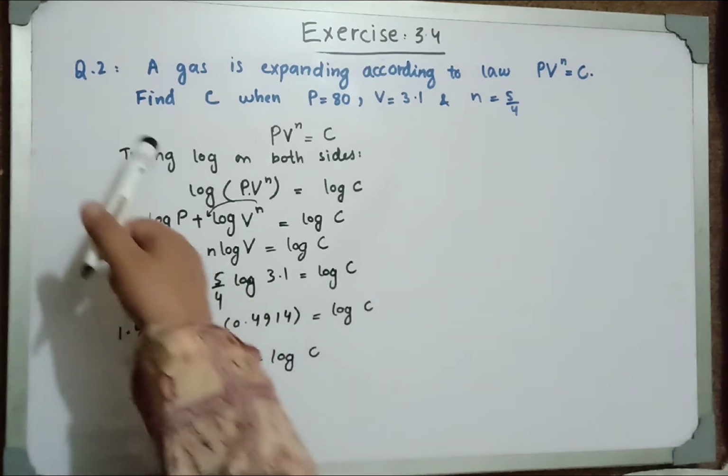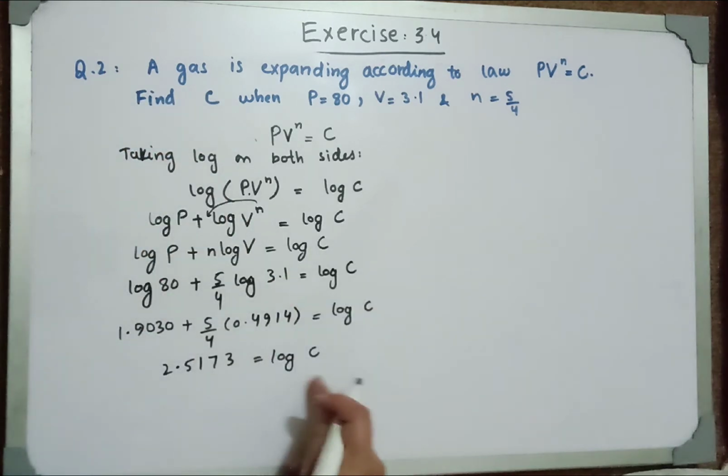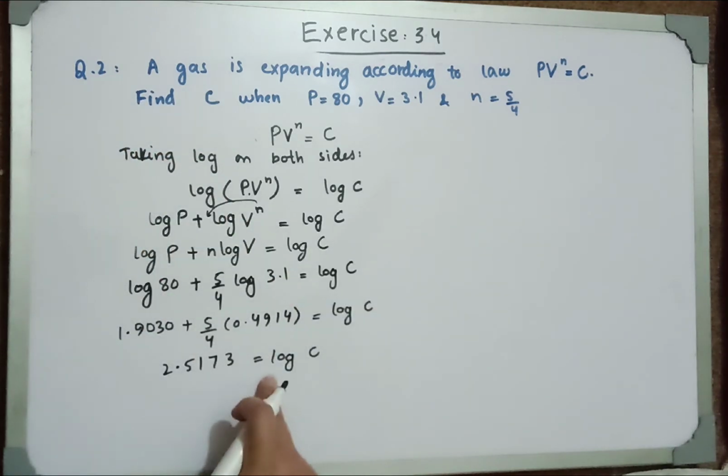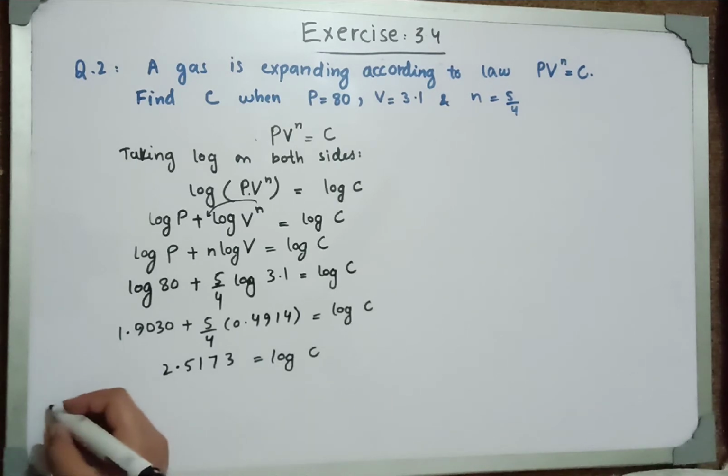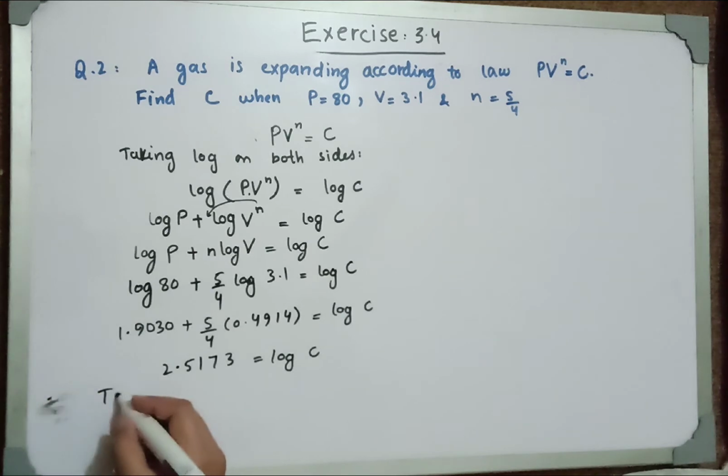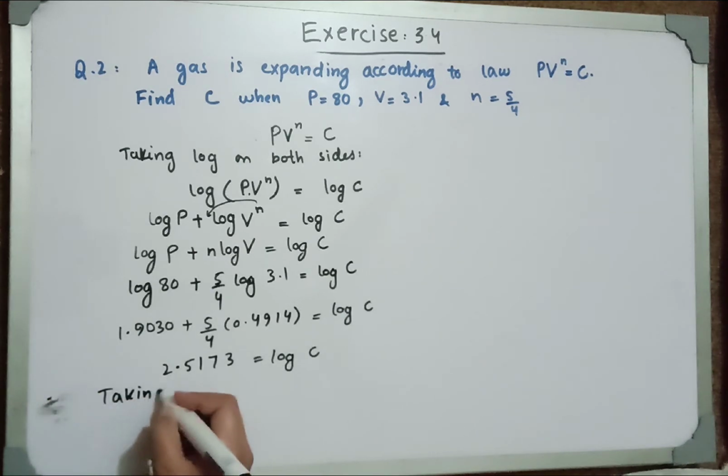Now again we need to find the value of C only, not log of C. So in order to cancel this log, we are again gonna take anti-log on both sides, as we did in previous questions.